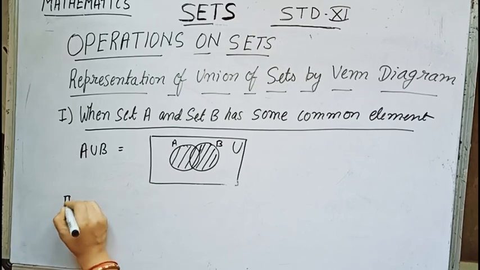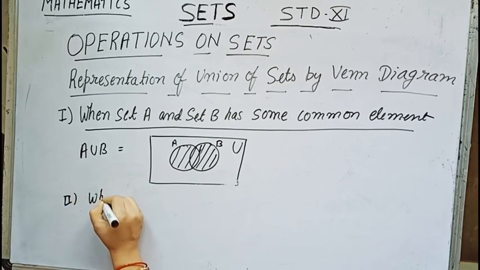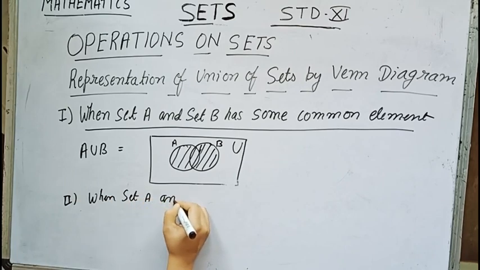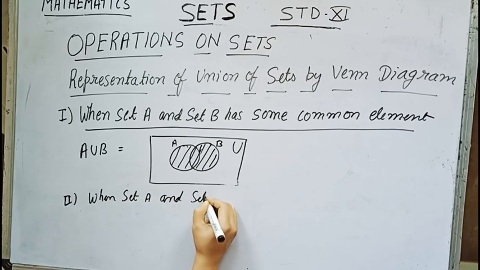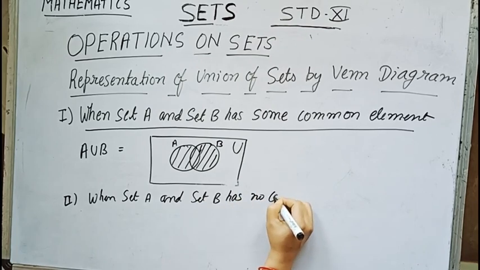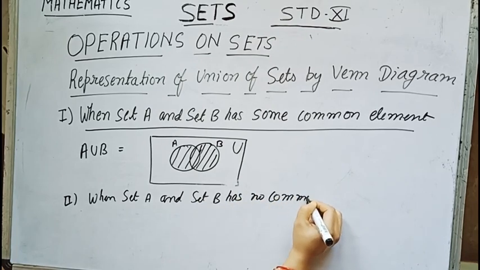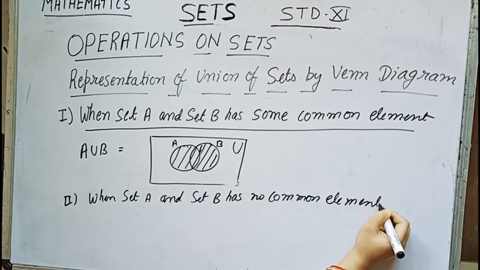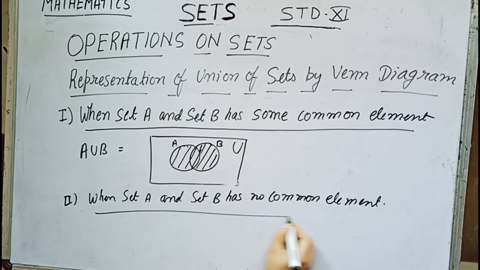Now case 2, when set A and set B has no common element. In this case, we will be representing A union B.